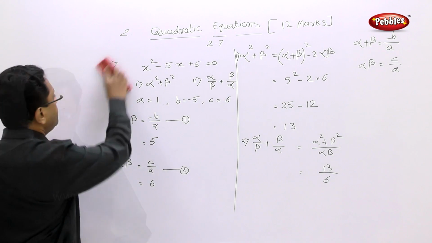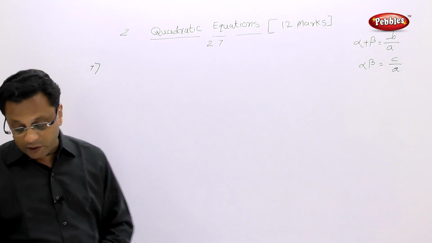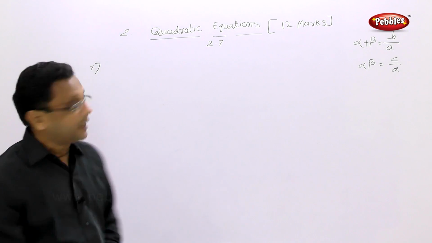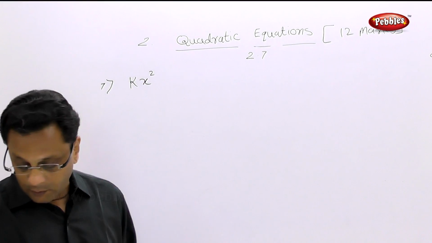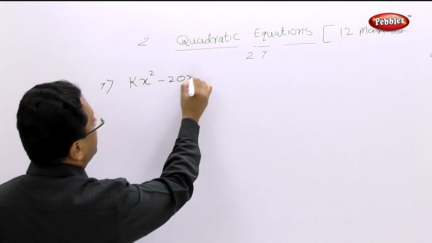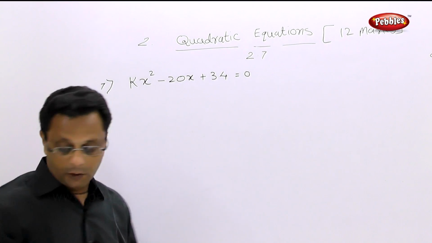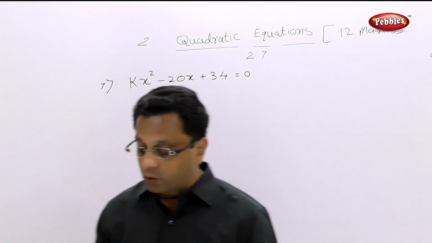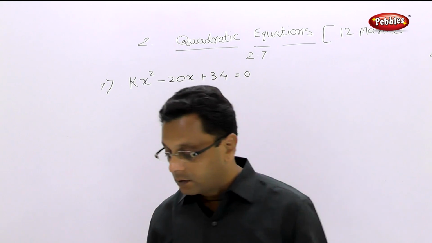Example 7 is, they are given one quadratic equation, kx square minus 20x plus 34 equal to 0. What they say?